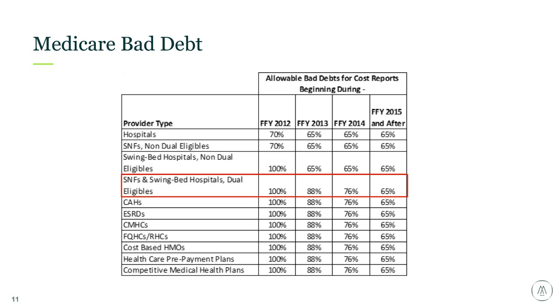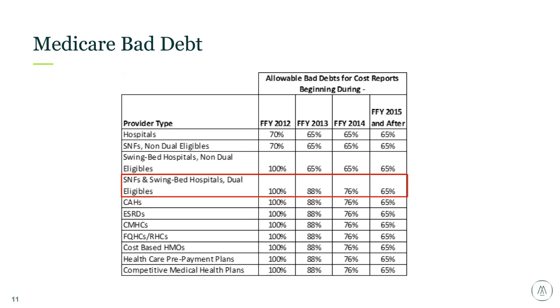As a reminder, for Medicare Bad Debt, we have now fully transitioned to the 65%. Previously, for skilled nursing facilities, we were up in the 100% area. So it's really important that while Medicare is at least paying something, that we're claiming those deductibles and coinsurance amounts for reimbursement.